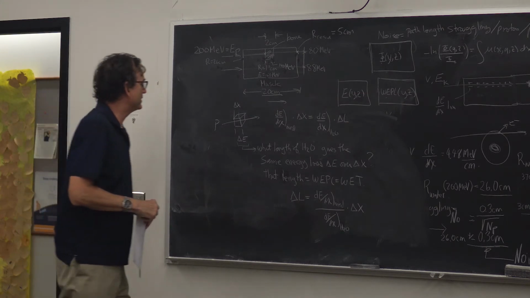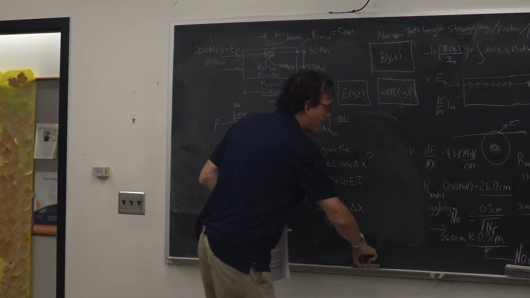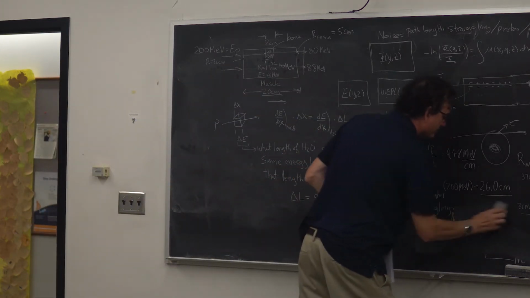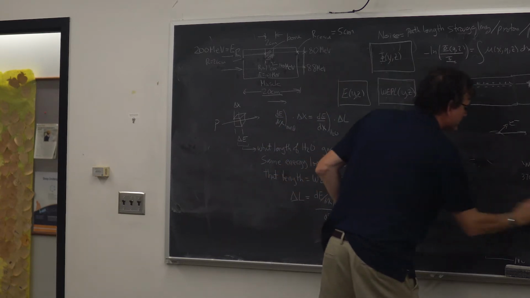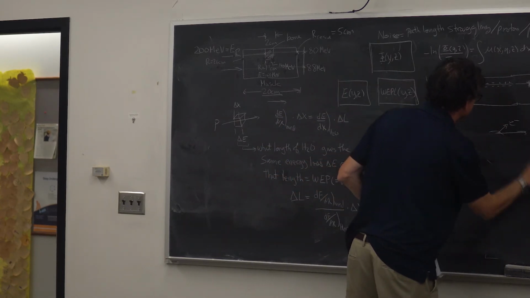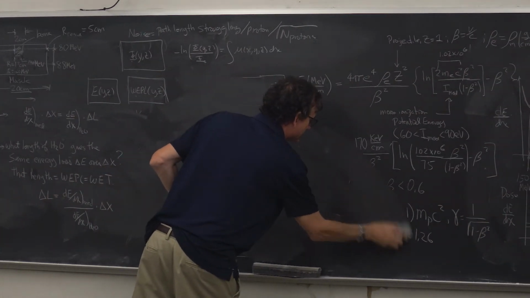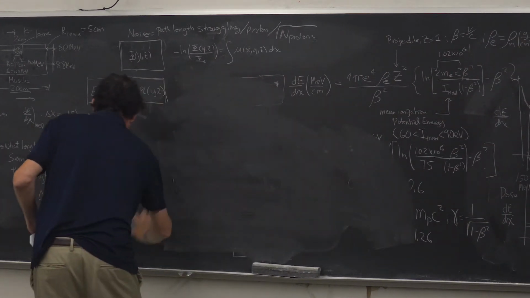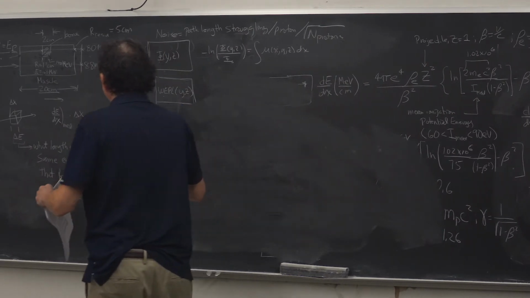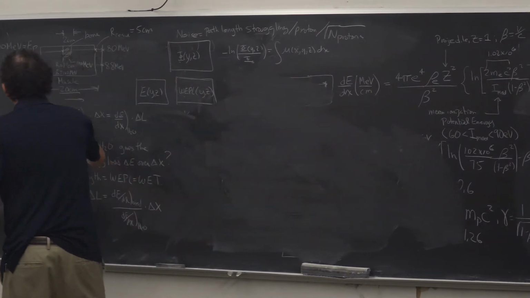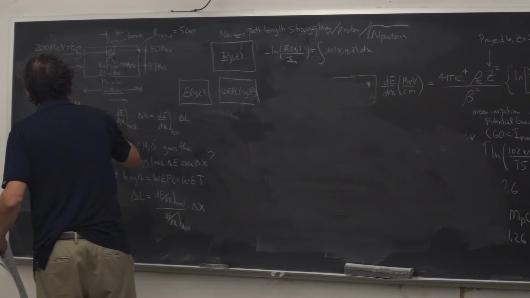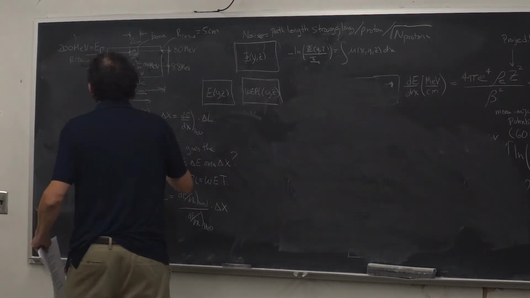Okay? Now, let's suppose that I have a whole column of these voxels that extend from one side of the patient to the other, a whole column of voxels that the proton is traveling through as it goes.